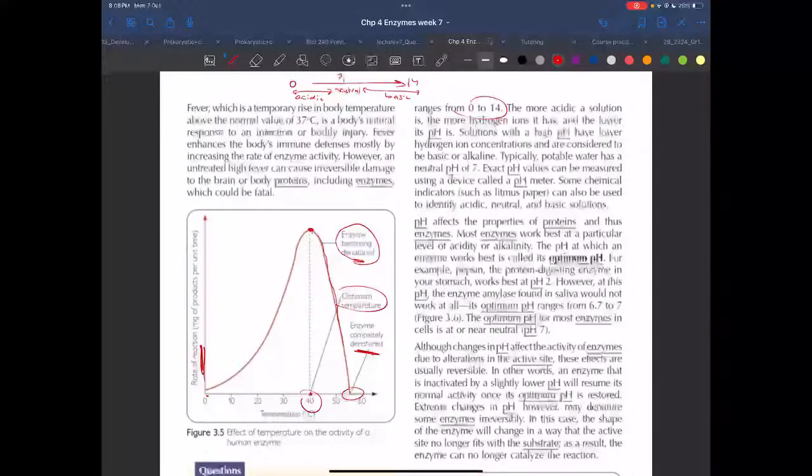Yeah, if in the quiz it said it's irreversible, take it as irreversible. Okay? But who can answer my question? Let me repeat the question. If I say you have a solution that has a pH of 3, does this solution have a high concentration of H plus or a low concentration of H plus?